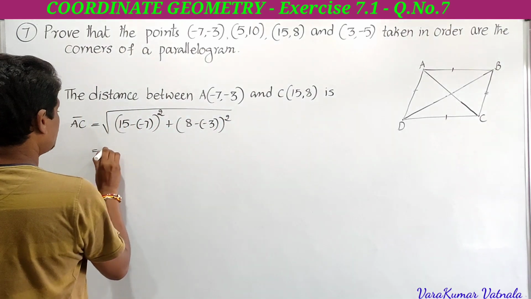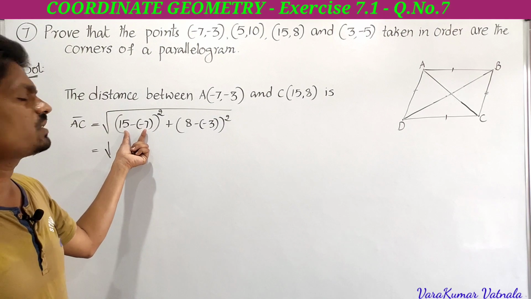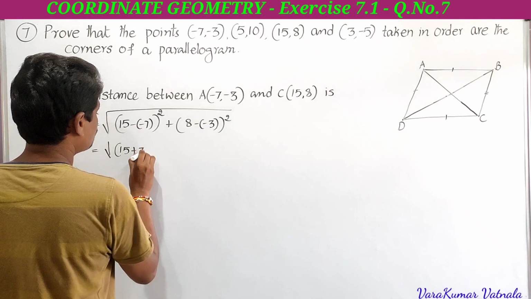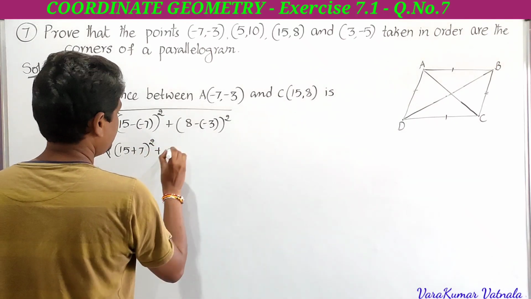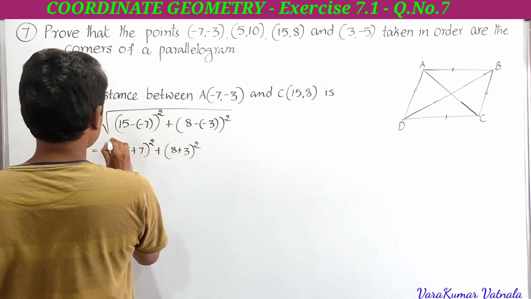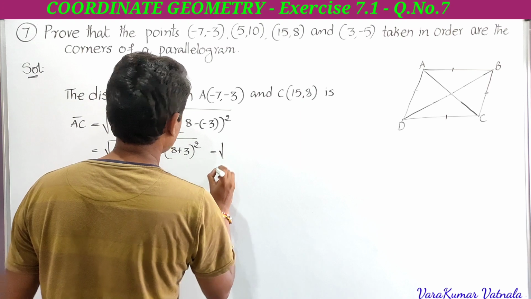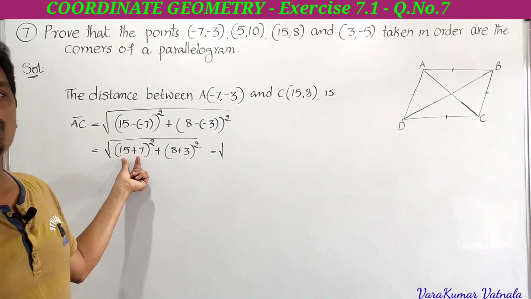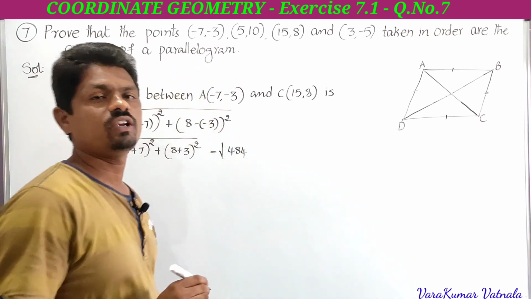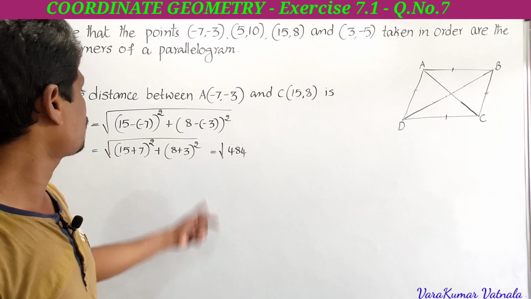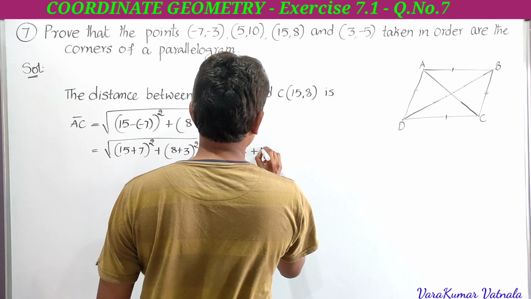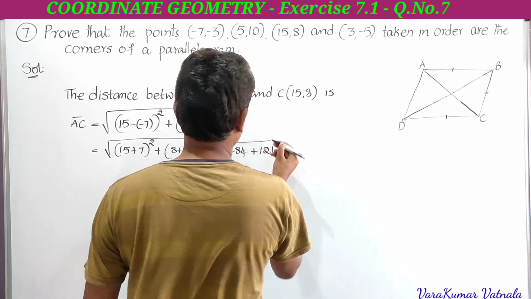Now we just simplify what we get. 15 minus of minus 7 becomes 15 plus 7, whole square, plus 8 minus of minus 3 becomes 8 plus 3, whole square. 15 plus 7 is 22. 22 square is 22 into 22, we get 484. 8 plus 3 is 11. 11 square is 121.